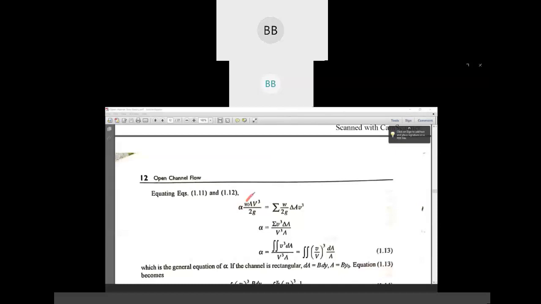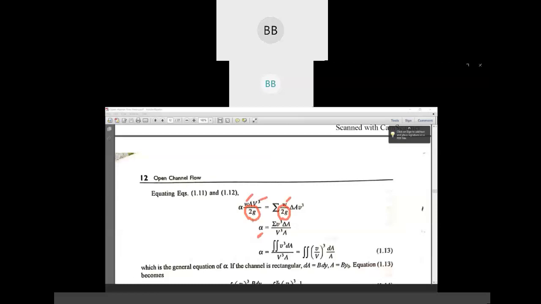Here you can see we have specific weight, here also we have specific weight, that will cancel out. Then we have twice z here, here also we have twice z, so this two will cancel out. So what will remain: alpha is equal to summation of v cube del a divided by V cube times the whole cross sectional area.